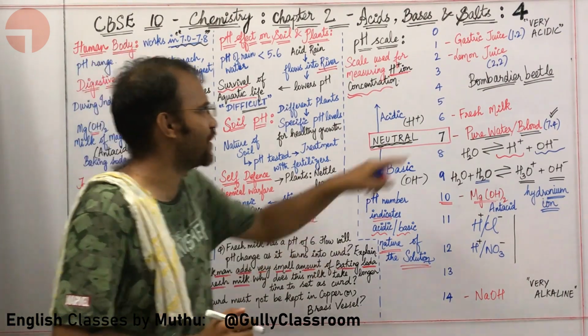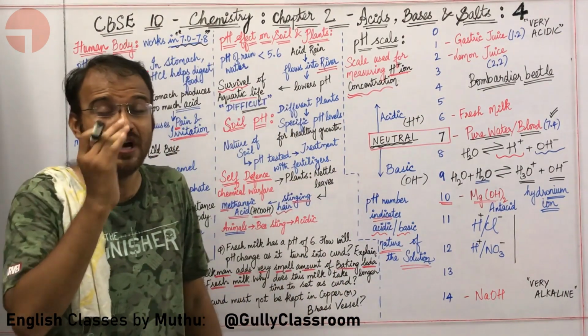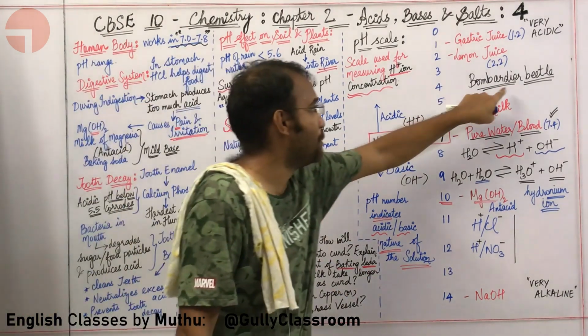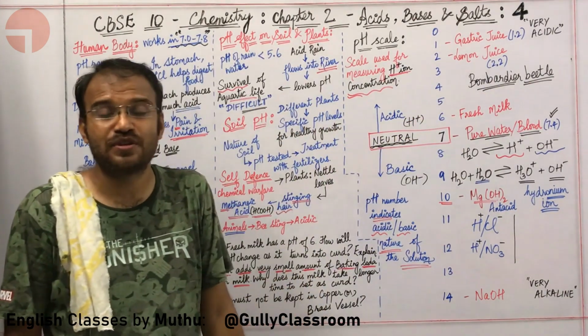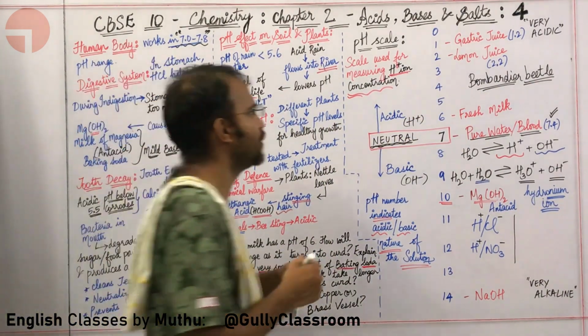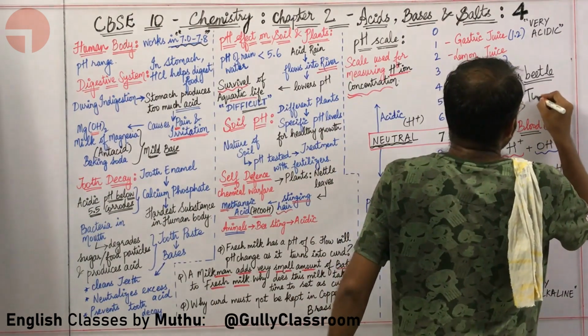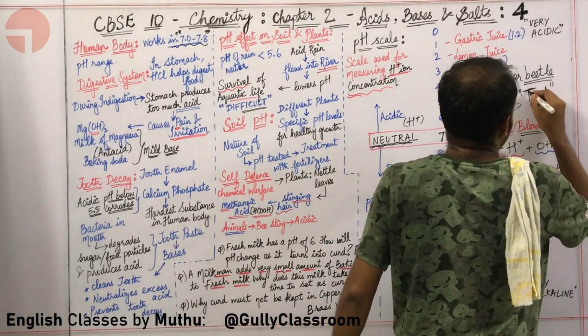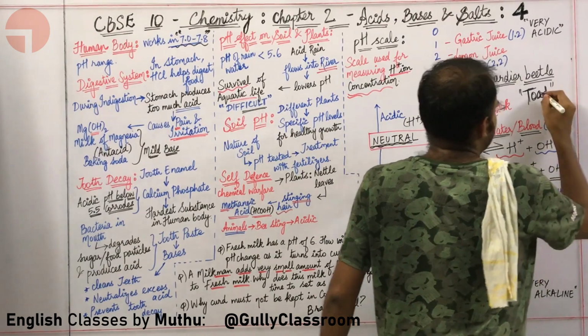You can search for a very fun video on YouTube: a Bombardier Beetle escapes from the stomach of a toad. A toad is a type of frog.